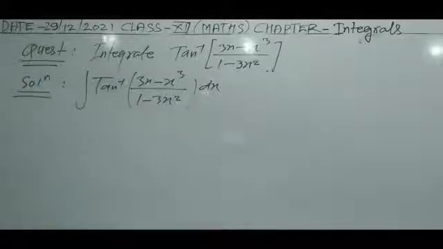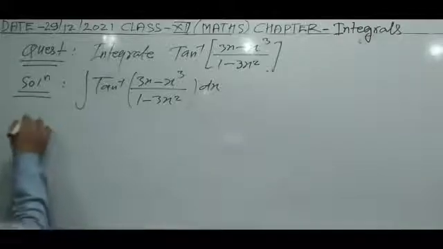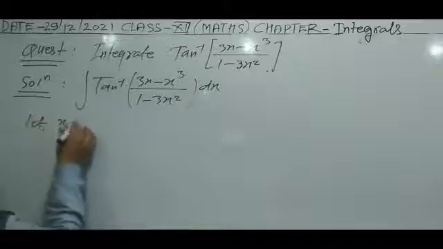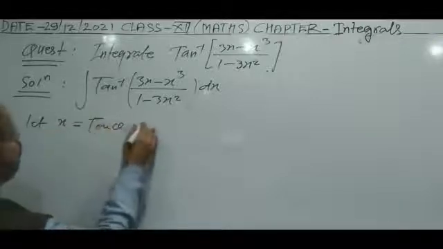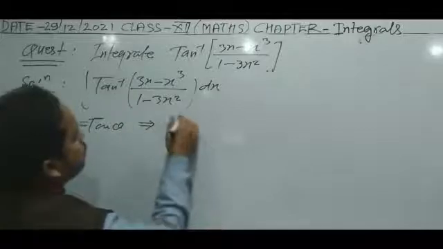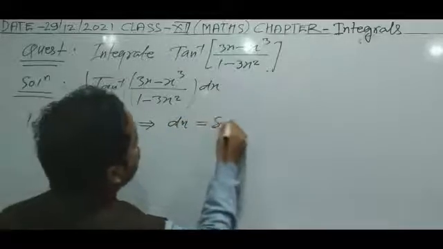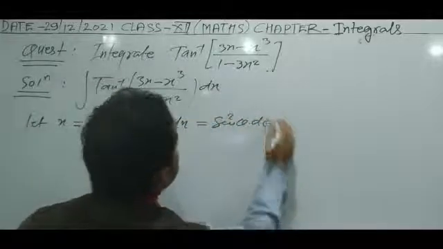Let x is equal to tan theta. This implies dx will be equal to sec square theta d theta.